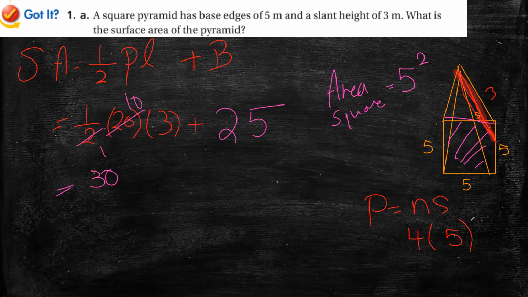Now 30 plus 25 is 55 meters squared. Is it clear? Yes, teacher. Okay.